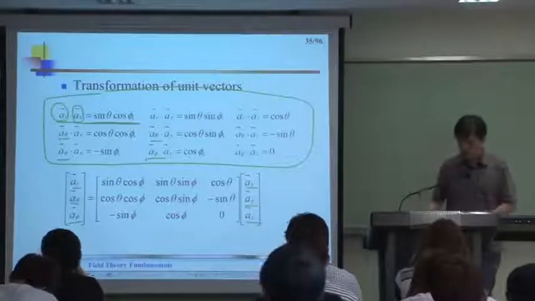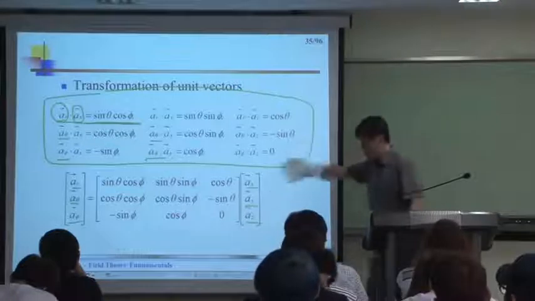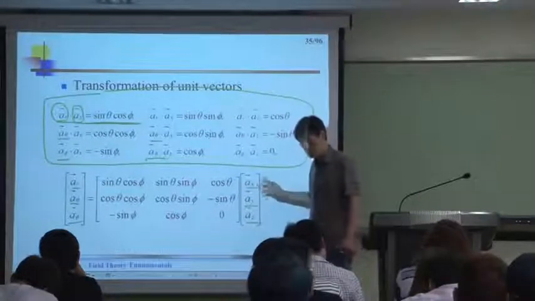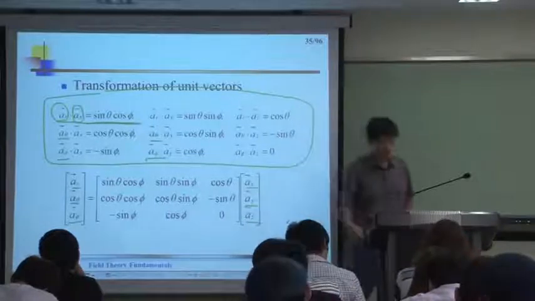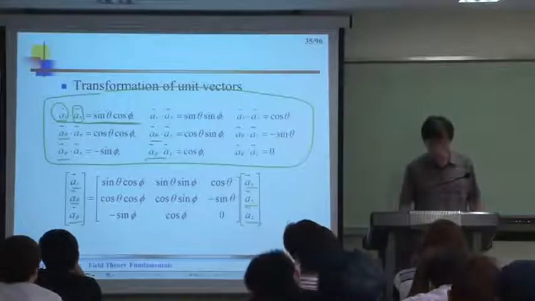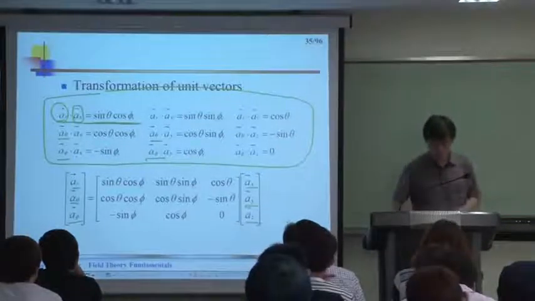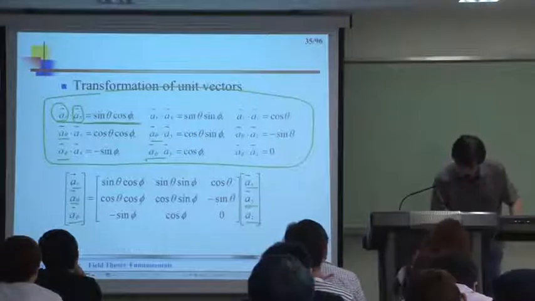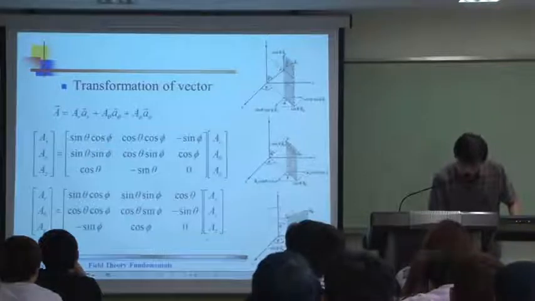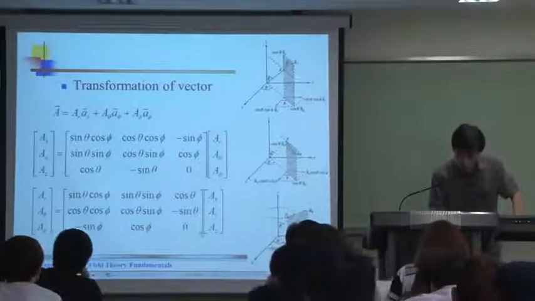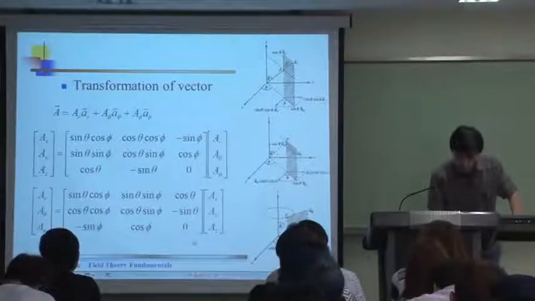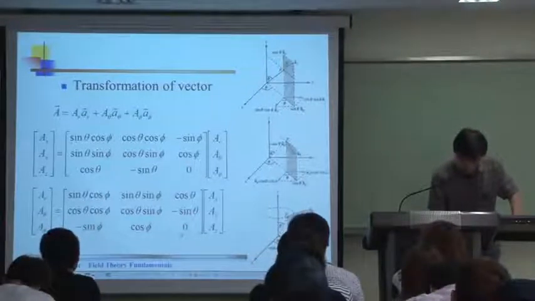So similarly, this relation is about the direction vector relation, but the same relation also can be obtained for each component. So in the next slide, each coordinate component also can be written with the same matrix.